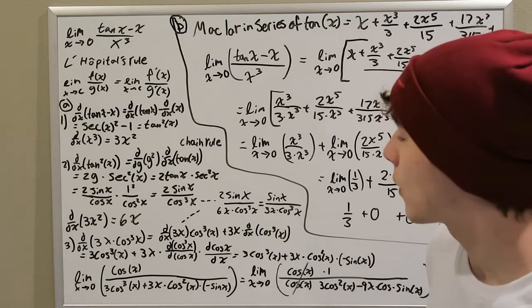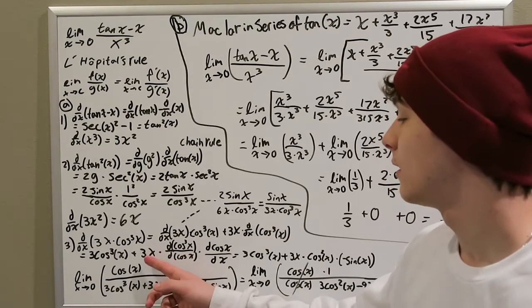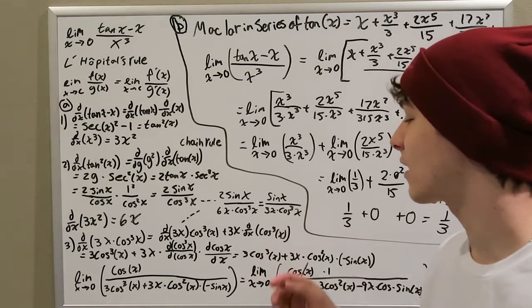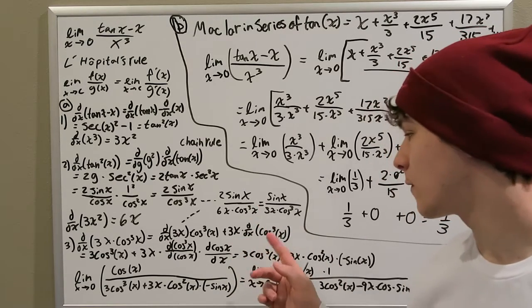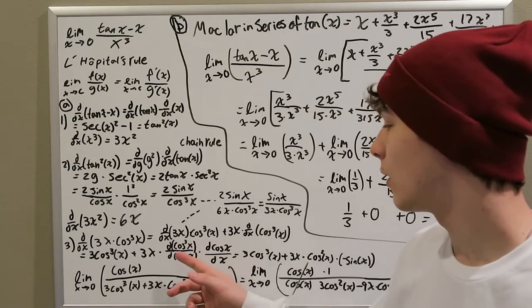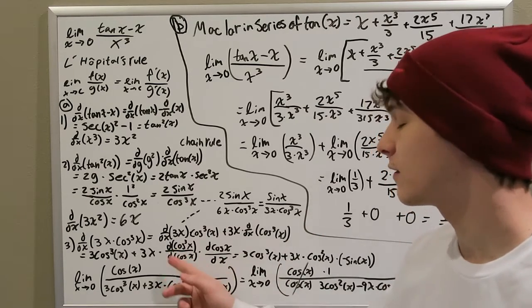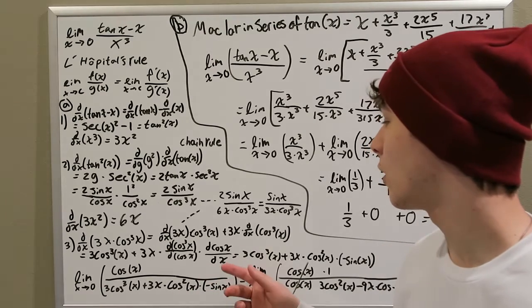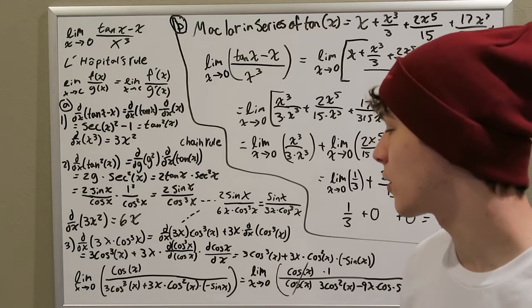And then for the second part, we add 3x times the derivative of cosine to the power of 3 x. This is a little differentiating tactic that you can use to solve this derivative of cosine.